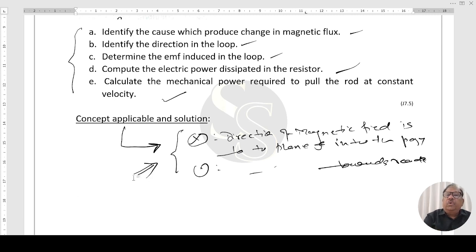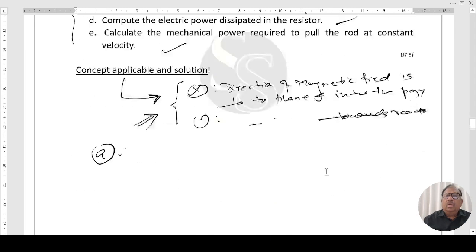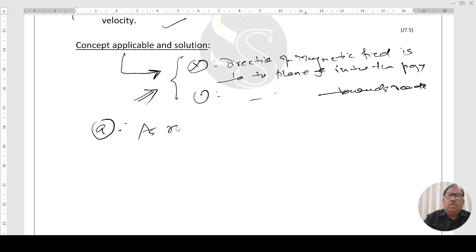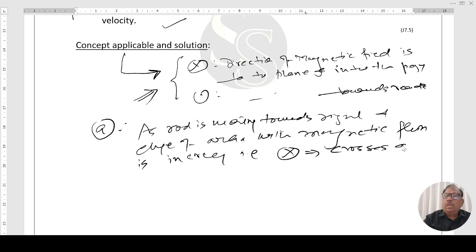Now, identify the cause which produces change in magnetic flux. As the rod is moving towards the right, the area changes and the magnetic flux is increasing, that is, the crosses enclosed are increasing.